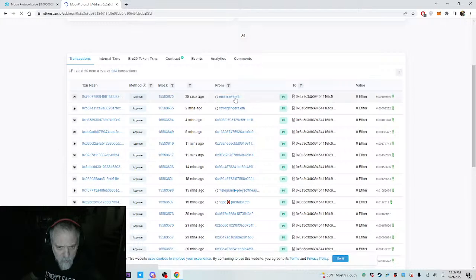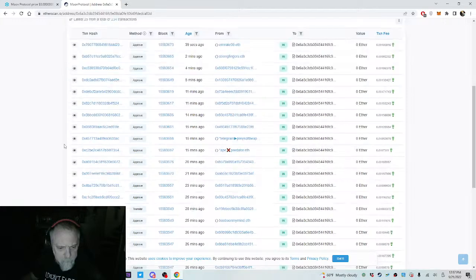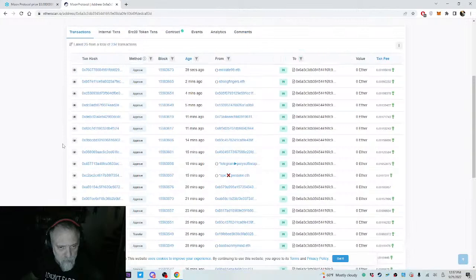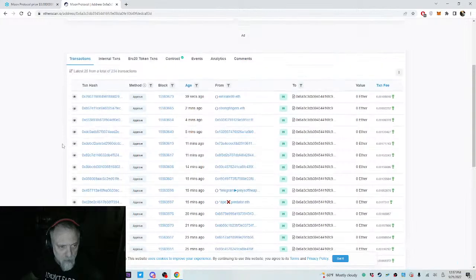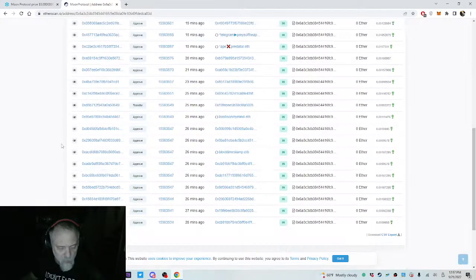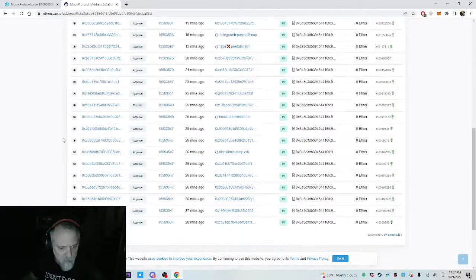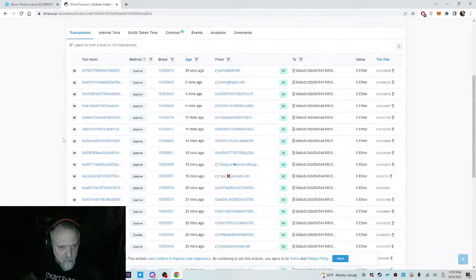He just started. He's got some TXNs. He's actually transferring strong fingers. So he's using all sorts of different wallets to transfer in. 26. So this bot is going strong, because we looked at it a little while ago and it didn't have nearly these. So got quite a few.